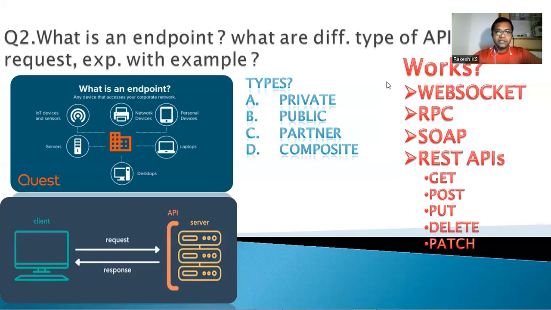Usually REST APIs use functions like GET, PUT, POST, DELETE, and PATCH. The GET API is used to get information, POST is used to post information, and DELETE is used to delete information.